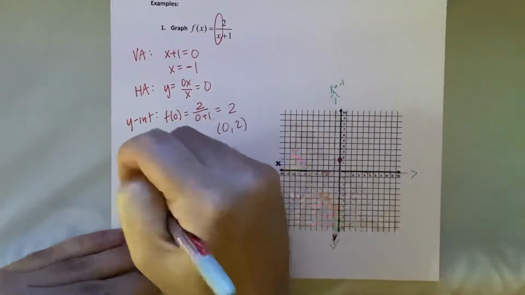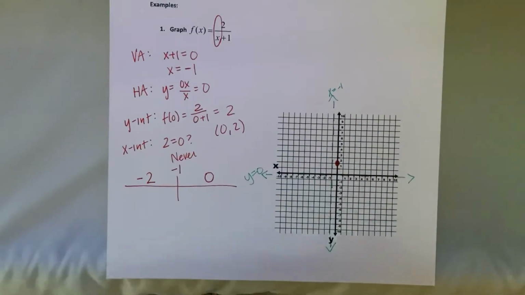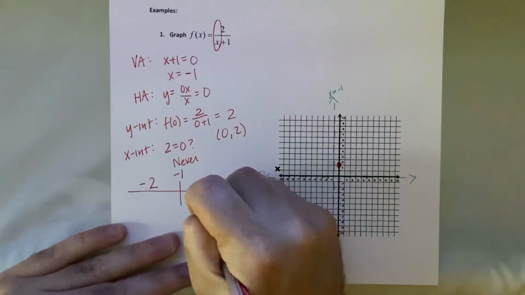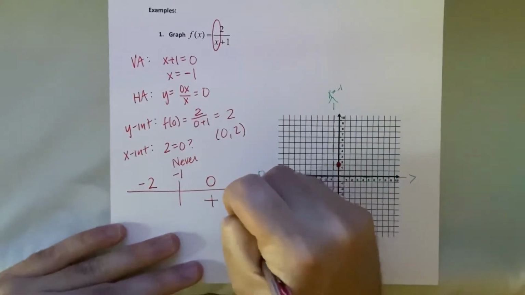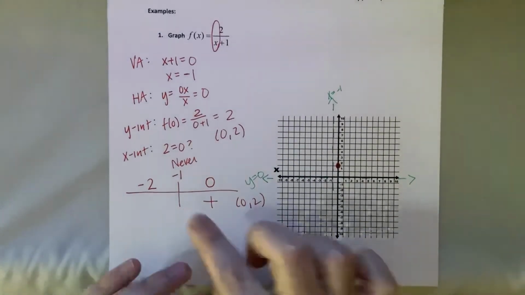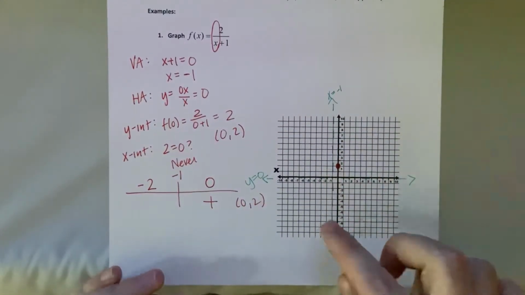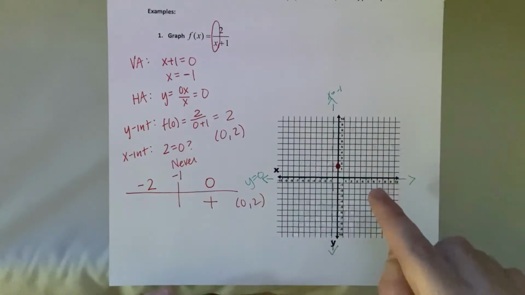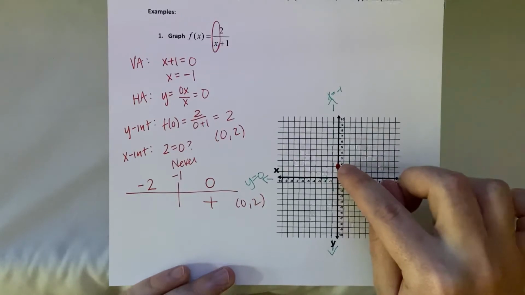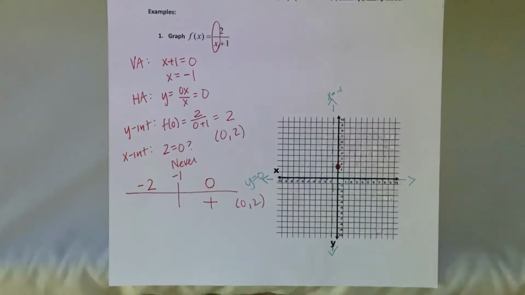0 is a number bigger than -1, while -2 is a number smaller. Good news is we already plugged in 0 for our y-intercept. So we already got the point. We already got that this was positive. It was the point (0, 2). So we need to plug in a point on the left. Now what does this tell us on the right side? That means all the numbers on the right side of the asymptote are positive, so they're above 0. Now we know that as I go towards the vertical asymptote, I either have to be going way up or way down.